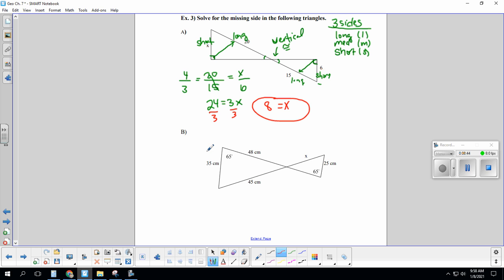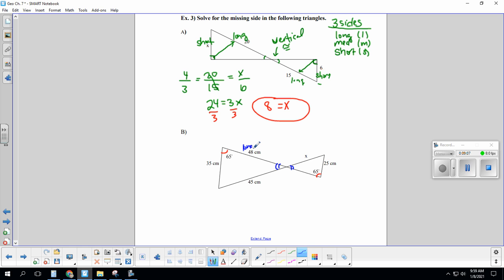Okay, let's look at B. B has 65 here in the corner, 65 here in the corner, and it's got vertical angles that are also congruent. So 2 angles, including my vertical angles, means I have similar triangles. So we are going to go, okay, this is the long side.